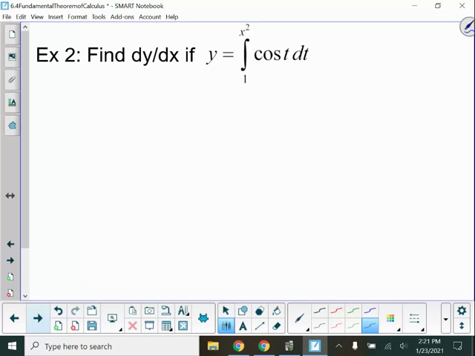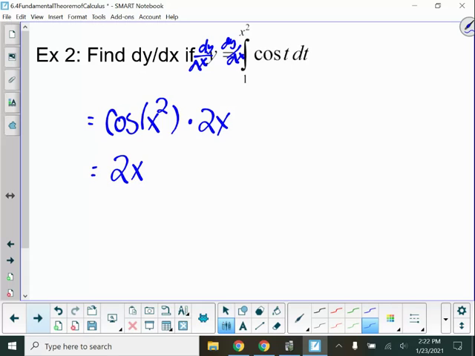So for this one, find dy dx if y is equal to the integral from 1 to x squared of cosine of t dt. So we're taking the derivative of both sides here. Your book goes through an understanding of this about the chain rule, and I could rewrite this as a u, but basically what you need to take away is that if I'm doing the dy dx of both of these, I'm going to end up with cosine of x squared, because that's plugging in the top value, but I also need to multiply by the derivative of that bound.